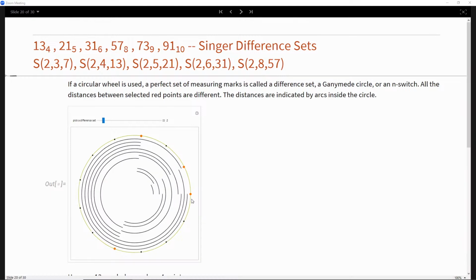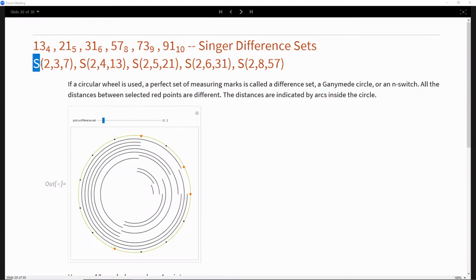And further up, here's a set of 4 points on a disk of size 13 that has all the possible differences: 1, 2, 3, 4, 5, 6, 7, 8, 9, 10, 11, and 12 on this cyclic system of size 13.